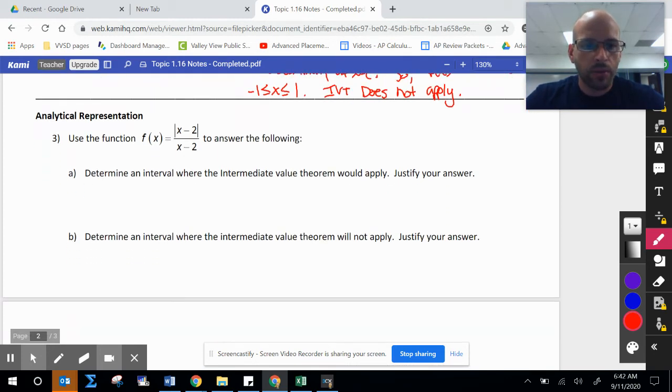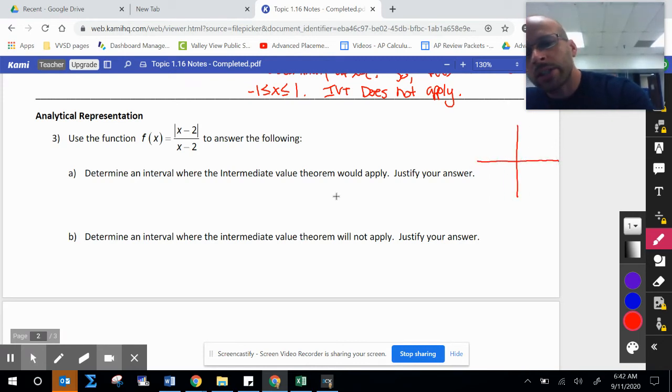Algebraic representation, right? So use the function, and I have one of these, and I don't know if you remember what this looks like. We covered this a little in like 1.6 or 1.7. At 1, it's going to be open.